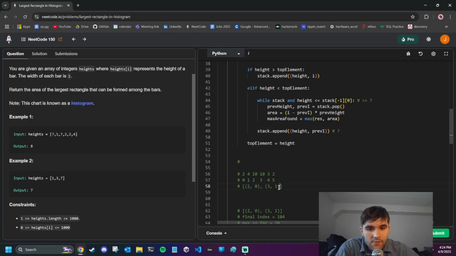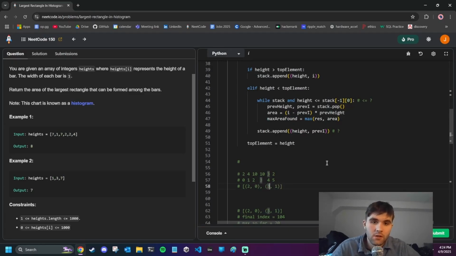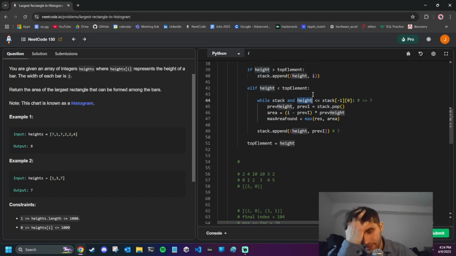Okay, so let's just assume, so then what that would give us, okay, so we're still in the while loop actually. So it goes back up and it says height of 2 is less than or equal to this 2.